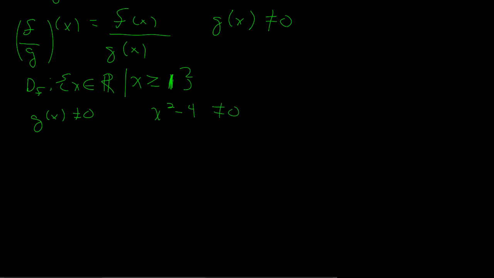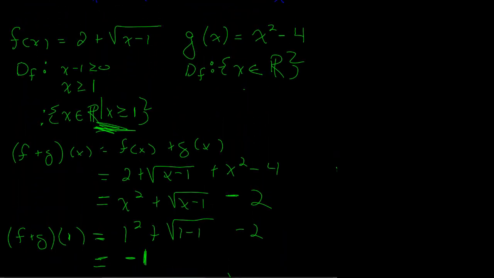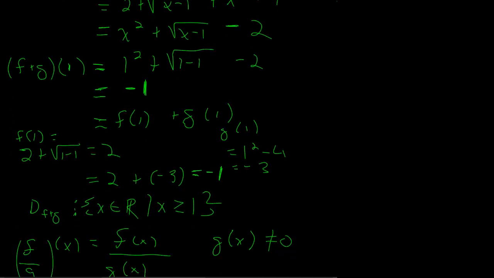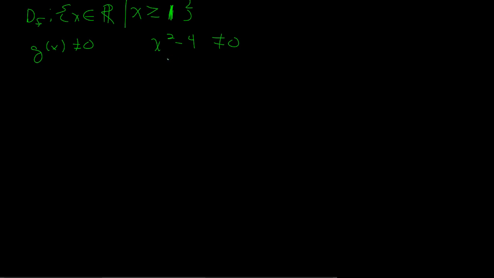Sorry, I'm still using these two up here: x squared minus 4 and 2 plus the square root of x minus 1. So I need to solve this. So x squared can't equal 4, or x can't equal plus or minus 2.